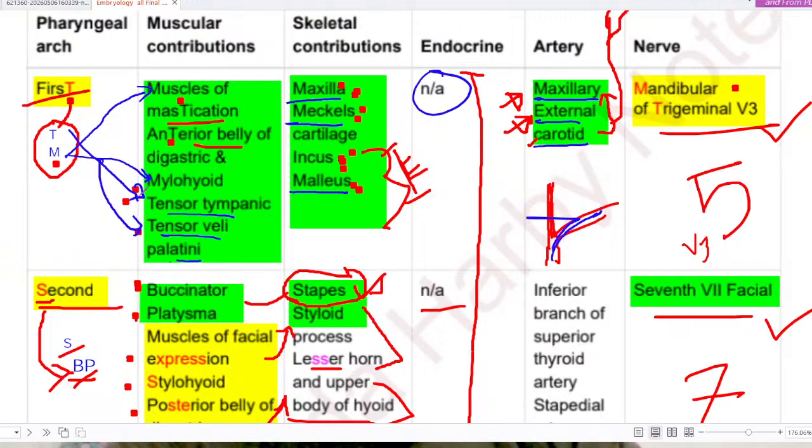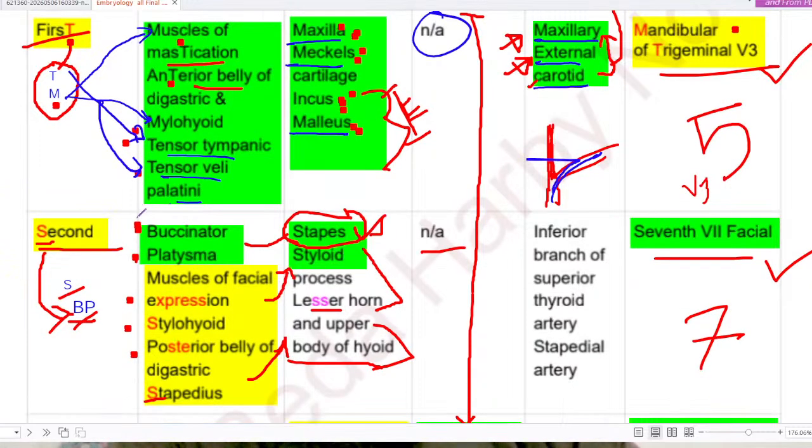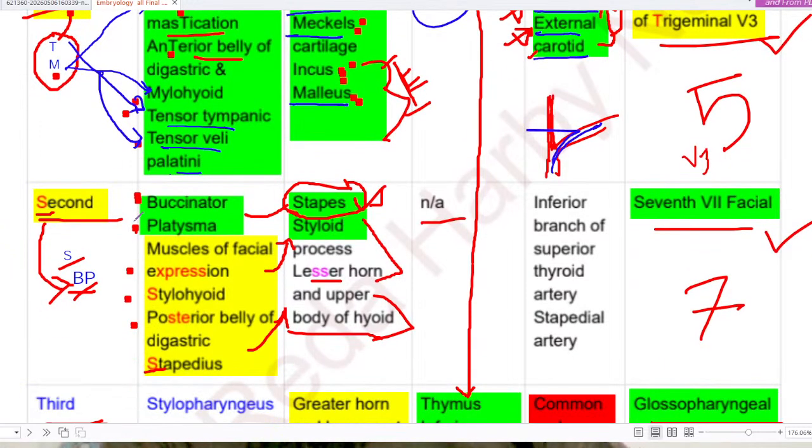Then from the second arch we have S and BP, or you can remember systolic BP. First we remember TM, and in the second we remember S for stapes and SBP. B for buccinator, okay. Then P for platysma, posterior belly of digastric and stapedius.